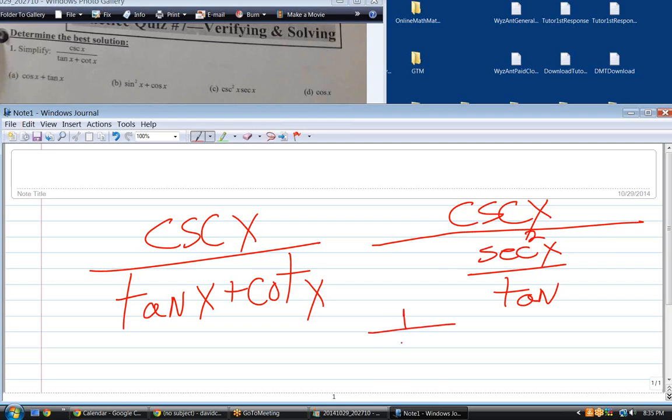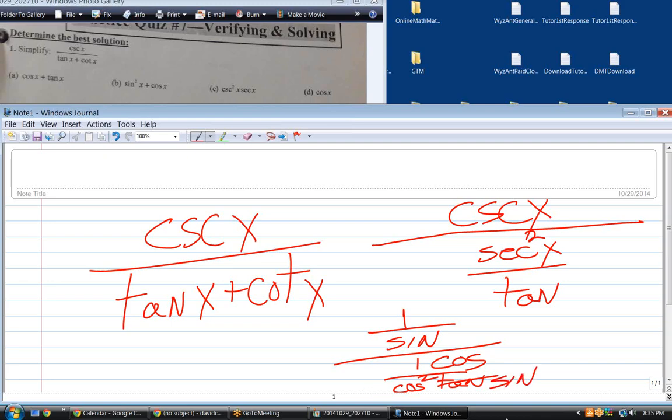We get 1 over sine divided by, well, let's see, the tangent is sine over cosine. 1 over cosine squared times tangent, which is sine over cosine, which is cosine over sine.